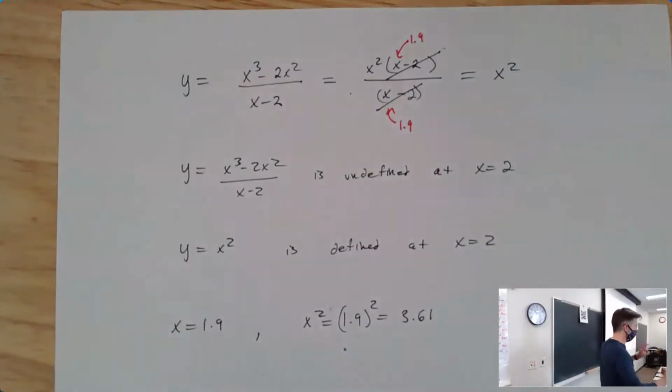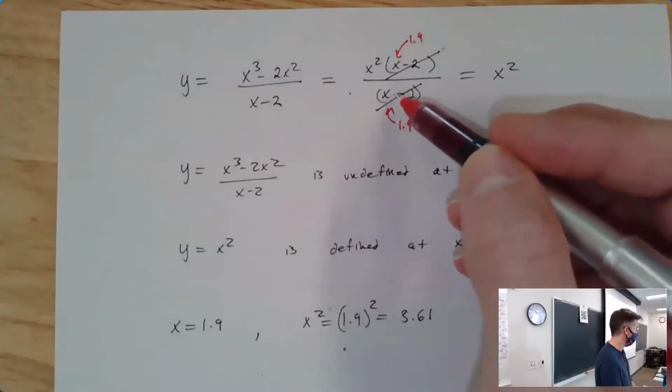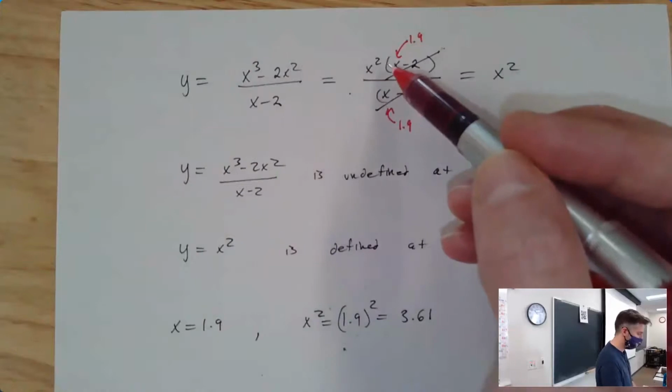So the whole point here, and this is really kind of important, especially in your future mathematical careers, not that it's important for class today, but these cancel out as long as x isn't 2. And so as long as x isn't 2, you're going to get the same value.